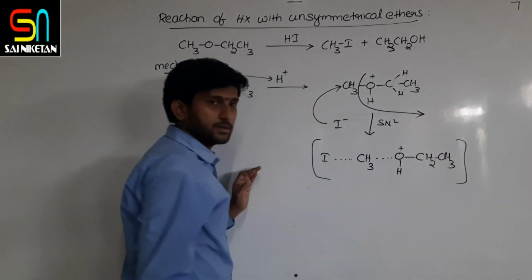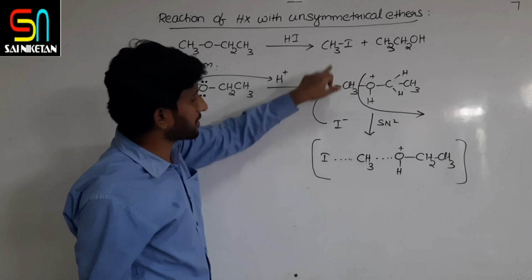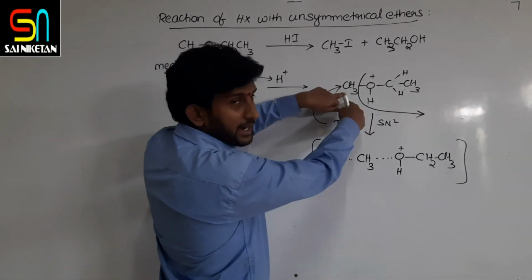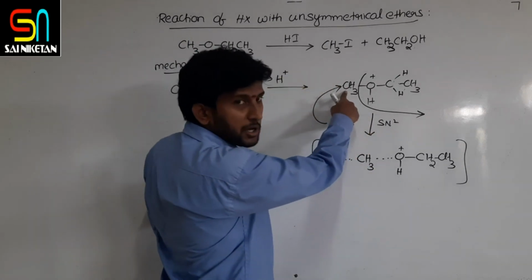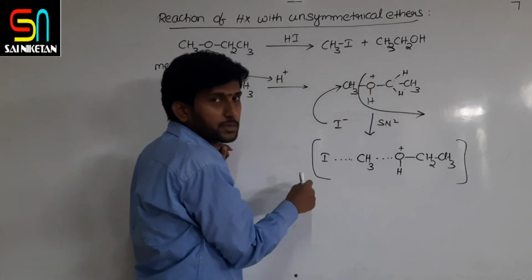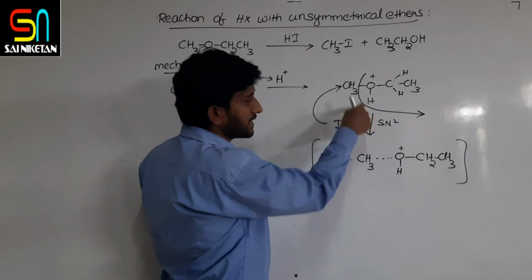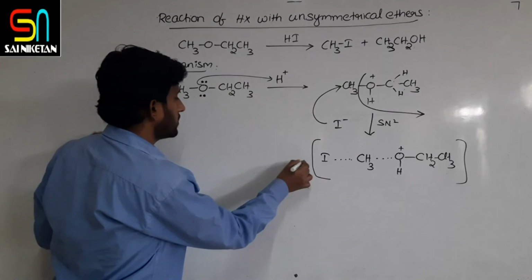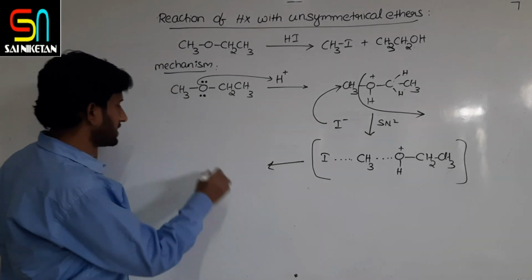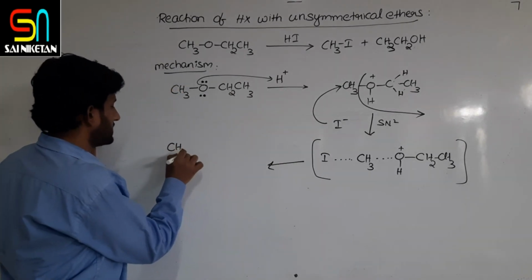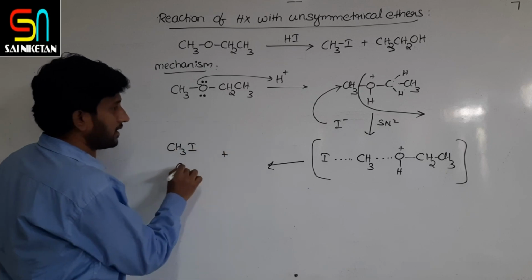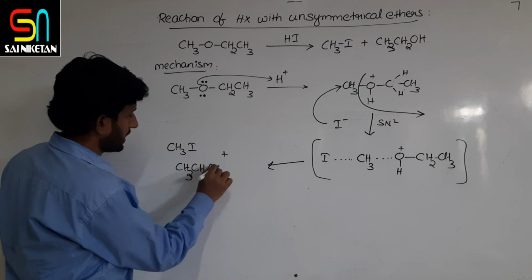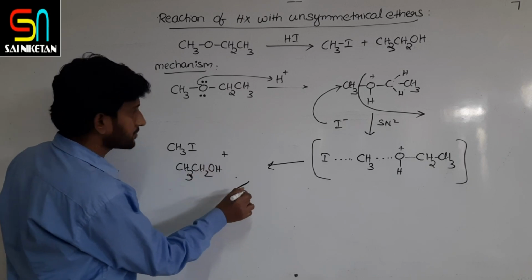Understood? So why did you get methyl iodide as major product? Because with smaller alkyl groups there is no steric factor. That's why iodide can attack the smaller alkyl group compared to the bigger alkyl group. This step is the SN2 mechanism step. So that's why the major alkyl halide is methyl iodide and ethyl alcohol is formed.